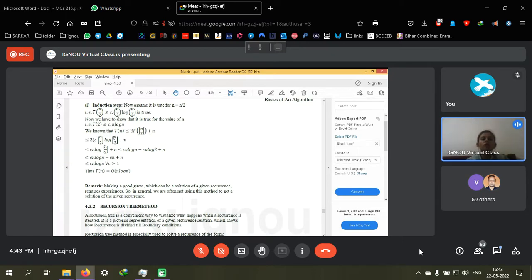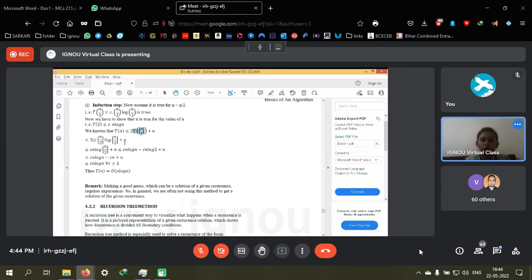So now what value we have right now? This value is equal to T of n divided by 2. May I put this value in place of this? Yes, I can. So we just replace T of n divided by 2 with this value. So put this T value in place of this and you will get this value.